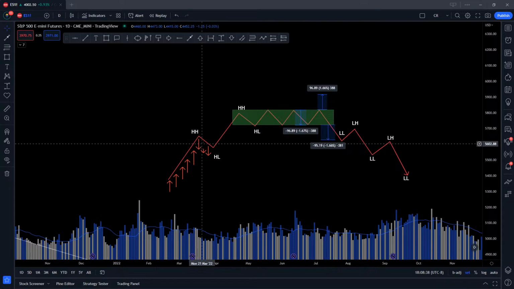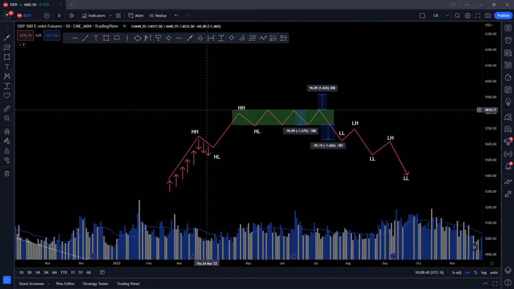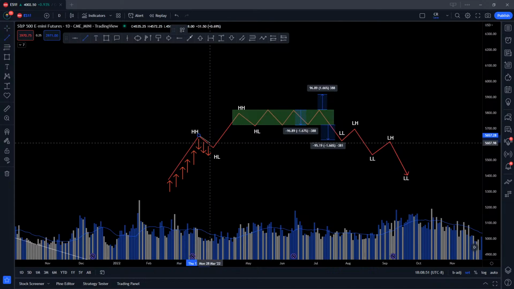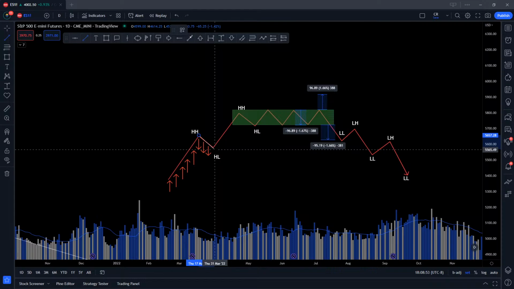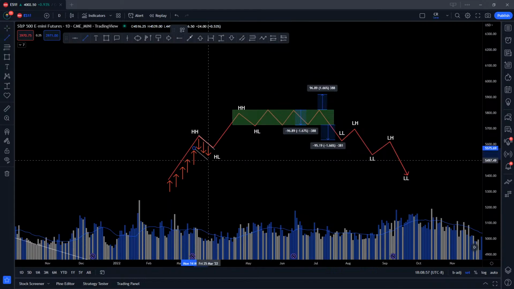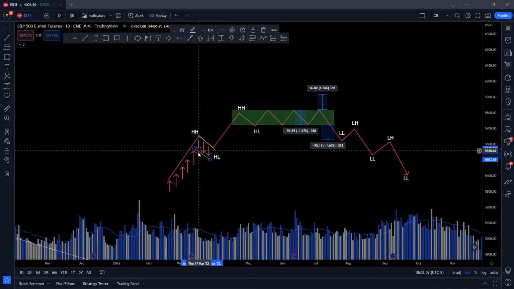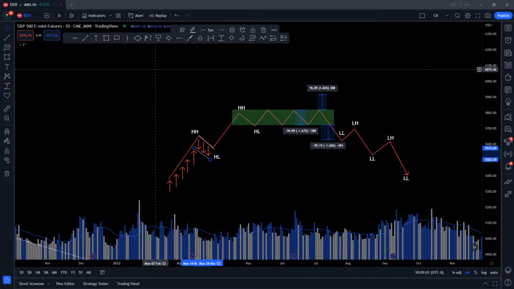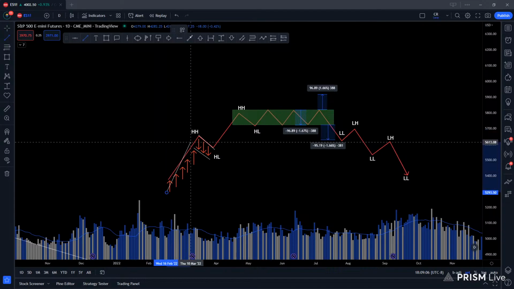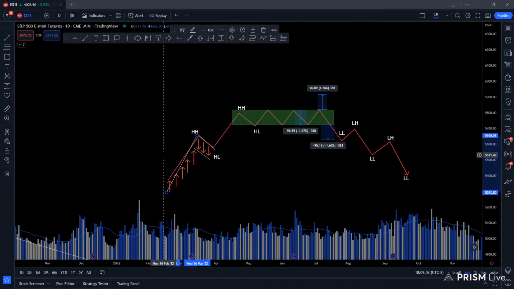And then we have a little pullback. This is where you see your bull flags and bear flags. So our bull flag, the top of the flag would be this here. And the bottom of the flag would be the bottom of these candles here. And then the flagpole is going to be these candles from the bottom to the top.